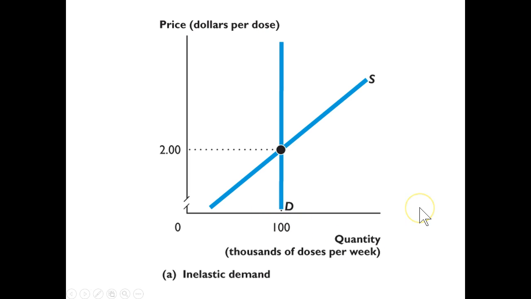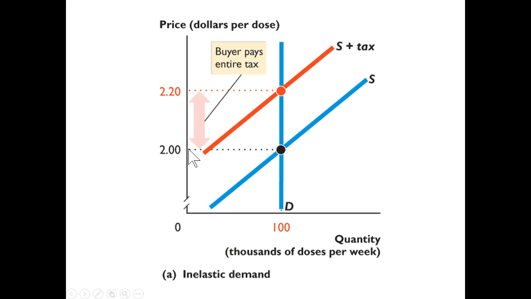So if we imposed a sales tax, 20 cents in this case, which pushes the supply curve upwards, the price increase is exactly the same as the tax. That price increase is paid by the consumers, so the entire tax is paid by the consumers.